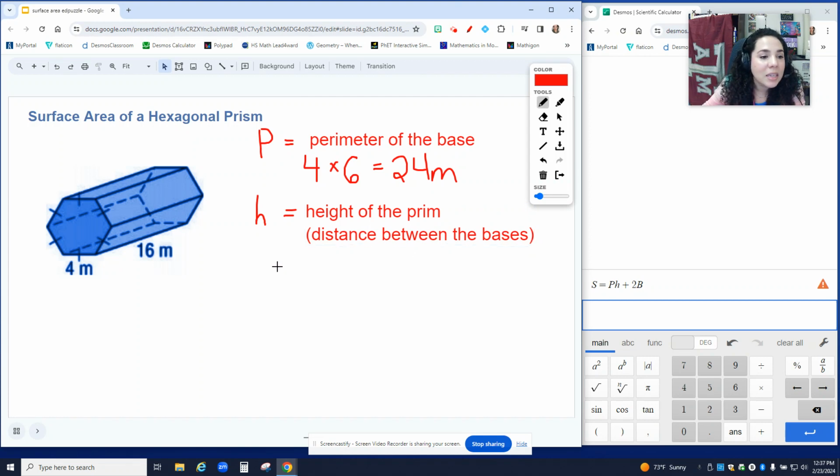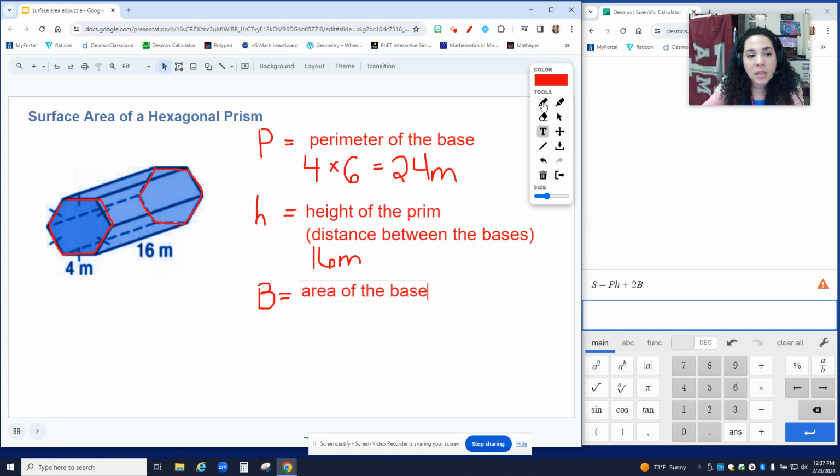So our height is going to be how far is this hexagon, this is one of our bases here, how far is this hexagon from this other hexagon? Because that H represents the height of the prism. And we have that given to us as 16 meters. Now capital B represents area of the base.